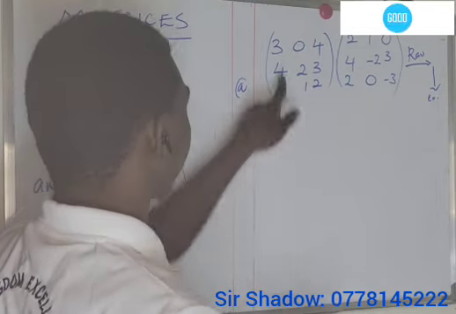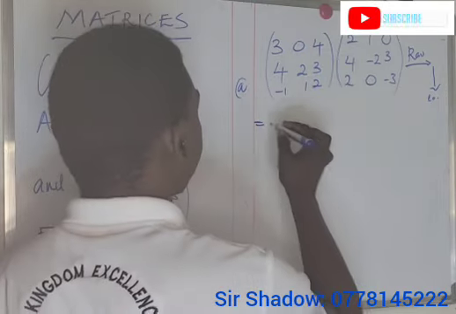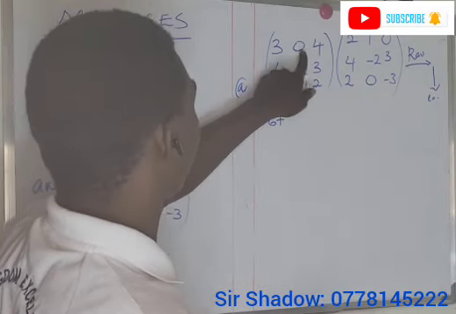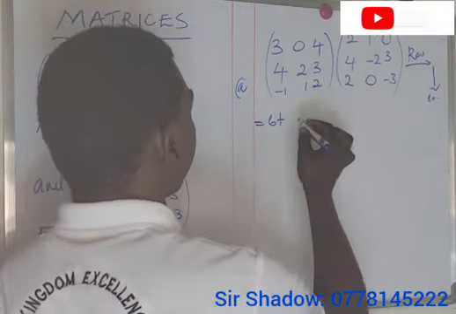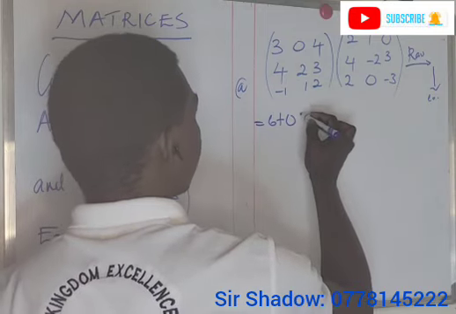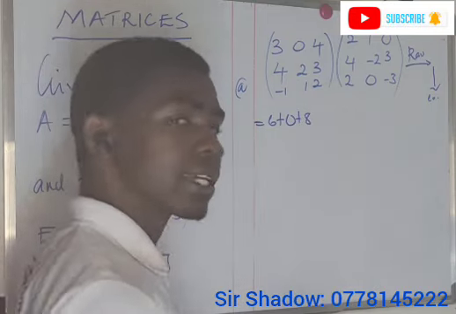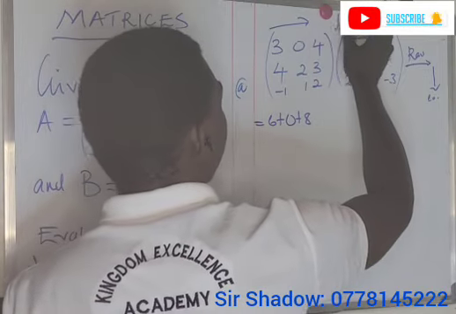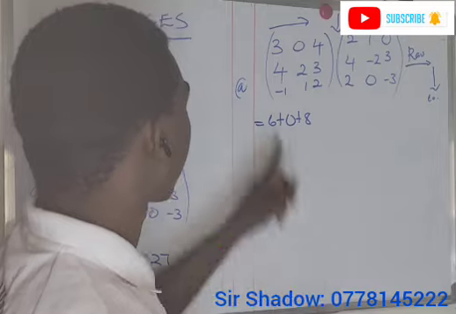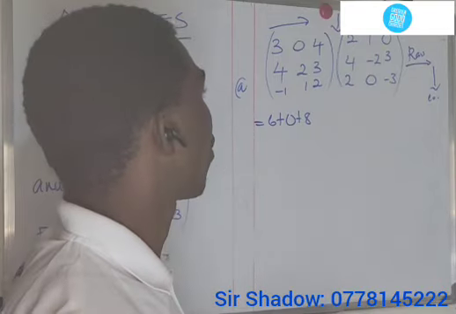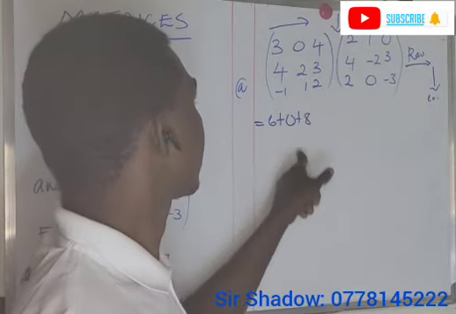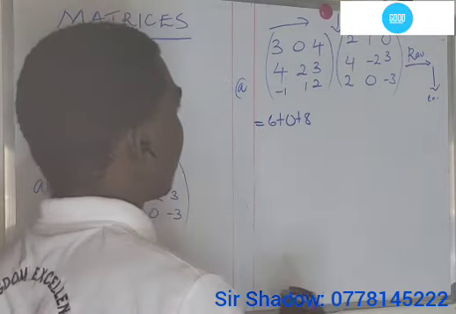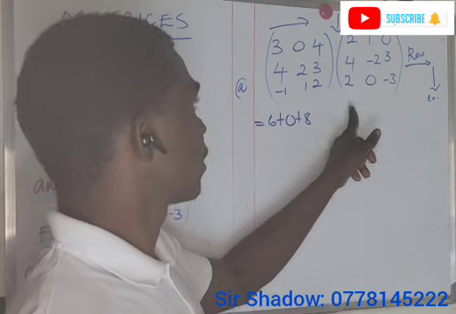So we are saying 3 times 2, which is 6, plus 0 times 4, which is 0, plus 4 times 2, which is 8. As I said, it is row times column. So the first row is multiplying the first column: 3 times 2 is 6, plus 0 times 4 is 0, plus 4 times 2 is 8.